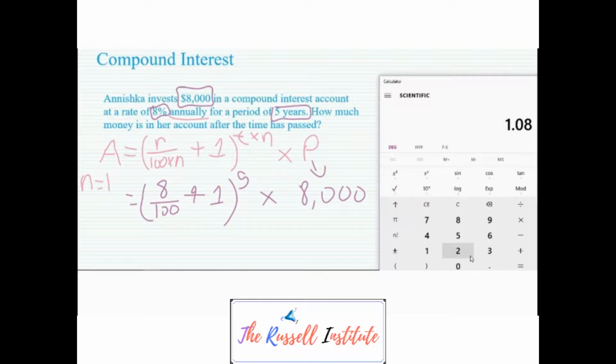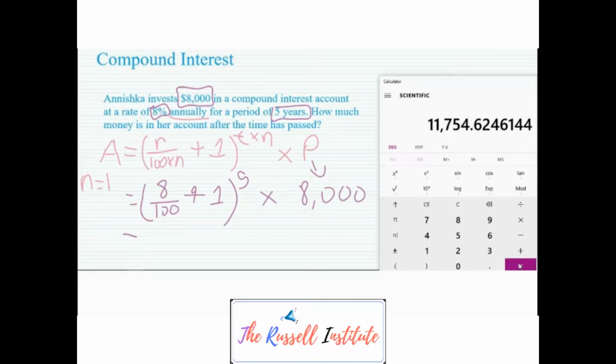So now I have 1.08. Now I'm going to raise it to the power or the exponent of 5. So some of you will be familiar with this symbol here. 5 equals and I'm going to get a long decimal. And right there, I'm going to multiply by 8,000, and that would be my answer.